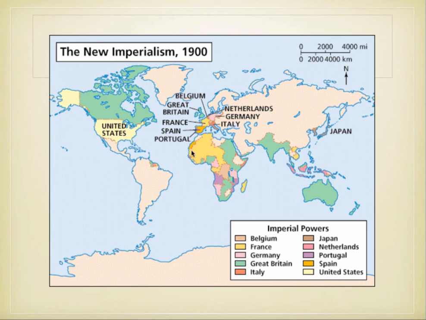For example, before the mid 1800s, you only see European powers on the coastlines of Africa. But by the late 1800s, you see virtually the entire continent, short of a couple independent nations like Ethiopia and Liberia, completely colonized by European powers.